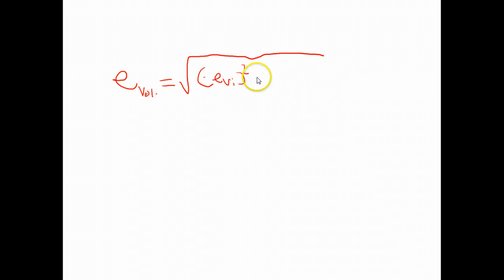So our error associated with the volume, we'll call this E volume, is equal to the error of our initial volume squared plus the error for the final volume squared. If that makes sense to you.